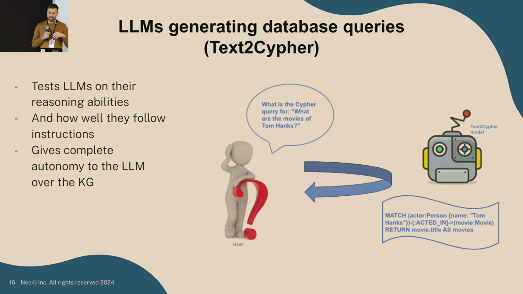And this approach is very flexible. You don't really need a lot of upfront work, so it's also domain agnostic. And you give the LLM complete autonomy, because if it can generate database queries, basically it can do whatever it wants with the database.